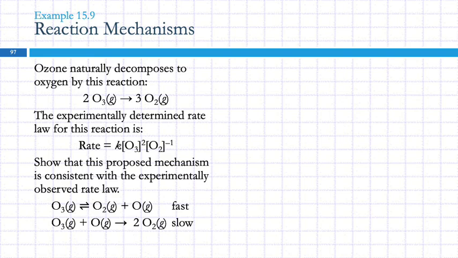So the steps then are, you're going to look at the slow step and write a rate law based on that slow step. So the rate law predicted by that slow step is a rate constant times O3 times O. The concentration of O3 raised to the power of its coefficient times the concentration of O raised to the power of its coefficient.